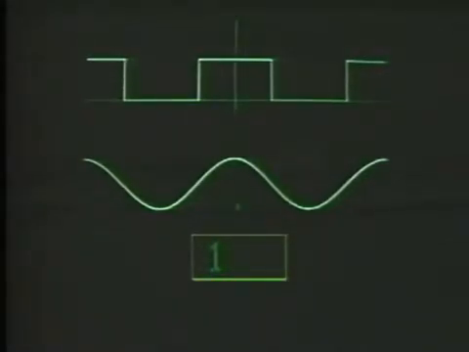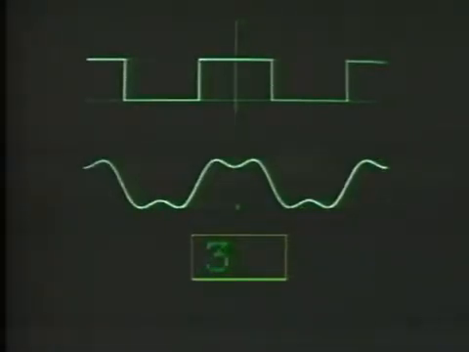Now, when we go to k equals 2, because of the fact that this is an odd harmonic function, the term for k equals 2 will have 0 amplitude, and so this won't change. Here we show the Fourier series with k equals 2, and there's no change. And then we will go to k equal to 3, and we will be adding one additional sinusoidal term.